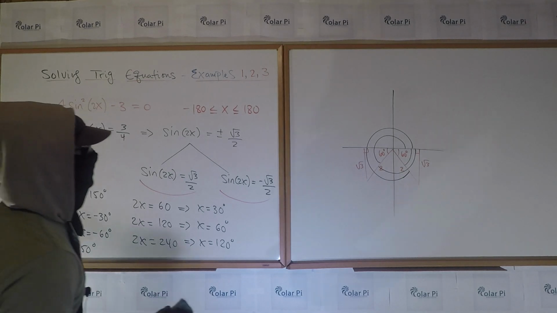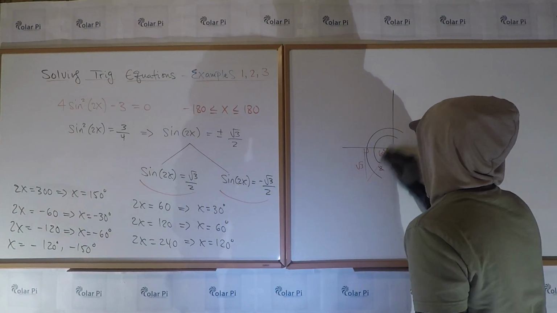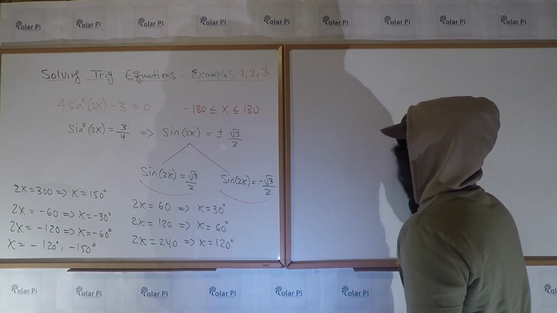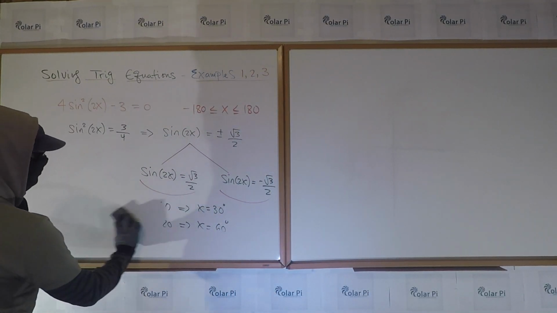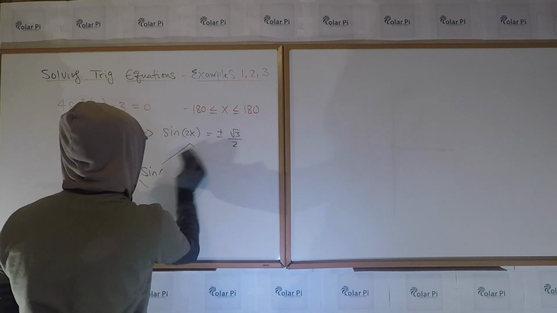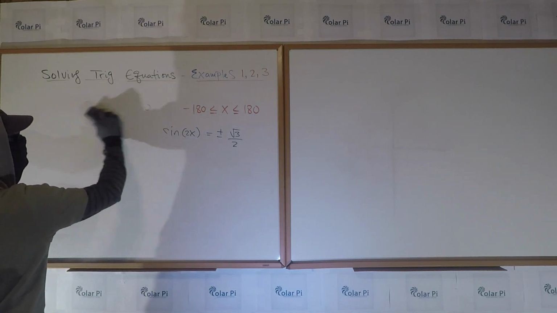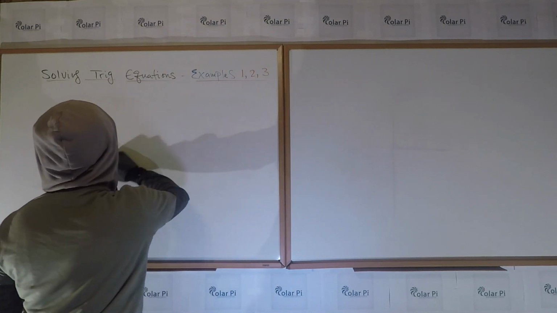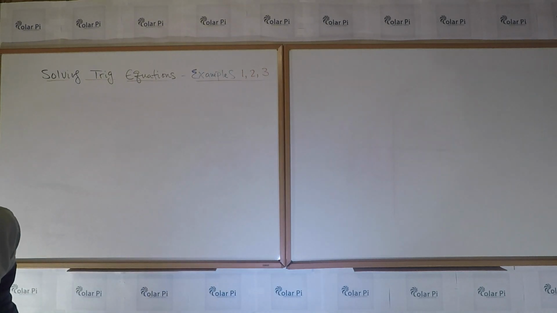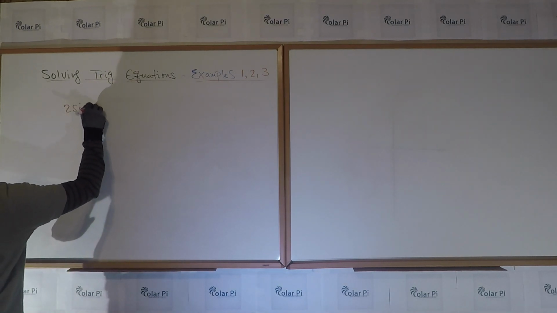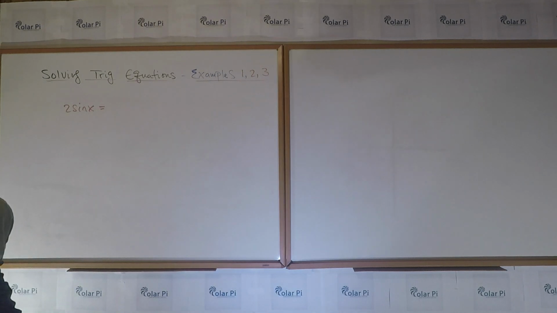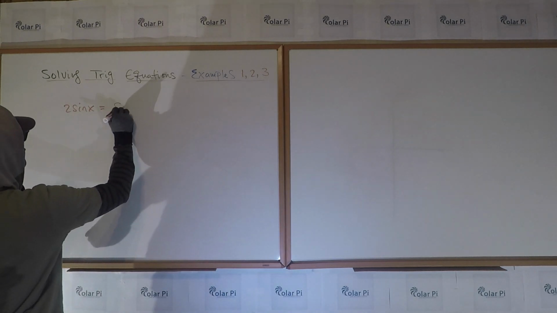And let's do our third example and wrap up this set. Our third example says this, which is 2 sine x is equal to sine 2x.